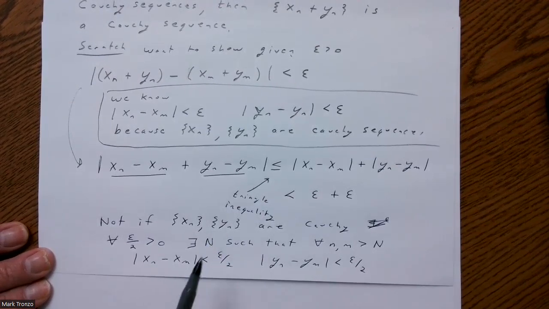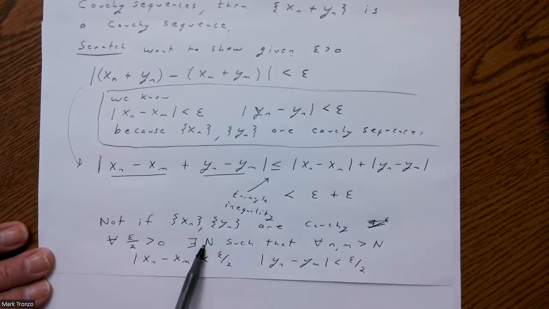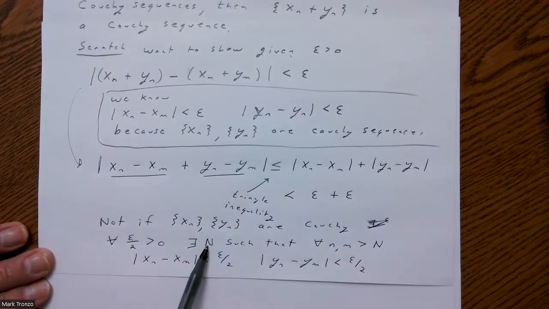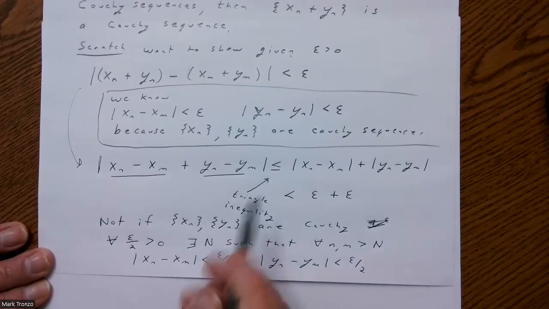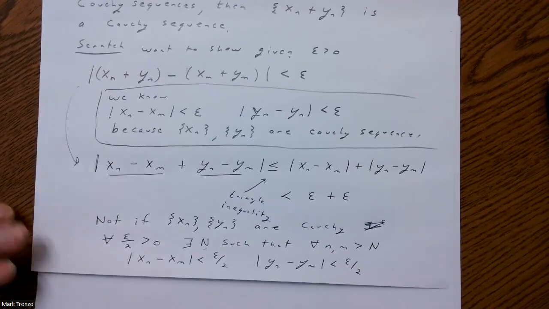For example, for a given epsilon over 2, this sequence may require a capital N of 1,000, and maybe this one requires 2,000, or more. But of course, the N we use is going to be the biggest of those two values.